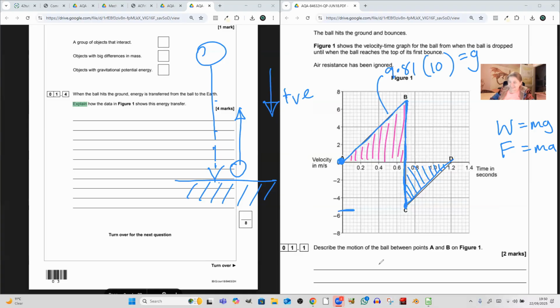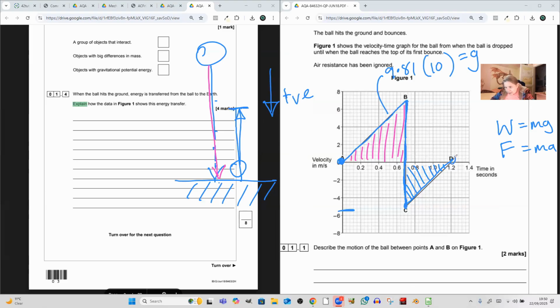Yes, it's distance or displacement. In fact, you're right, Danuka, it's displacement. But yes, you're also right, Saphira, it's the height. So the pink represents that height and the blue represents that height.